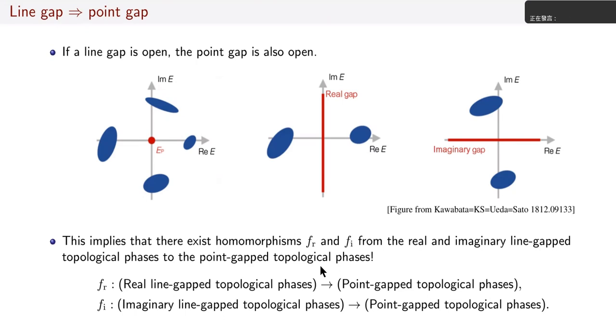So if we have some topological phase with respect to line gap, it is well defined even as a point gap topological phase. That means we have the map from real line gap topological phases to point gap topological phases, and also from imaginary line gap topological phases to point gap topological phases.